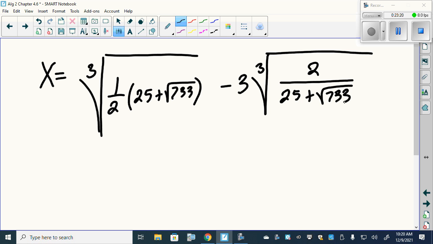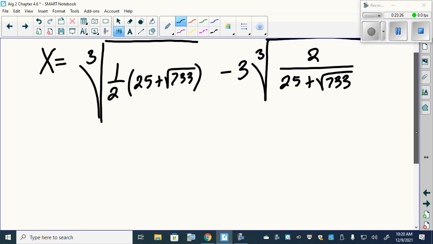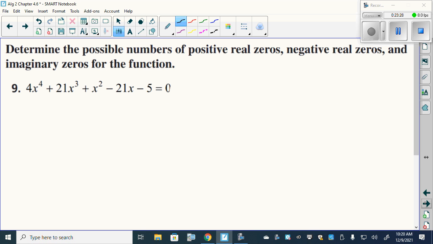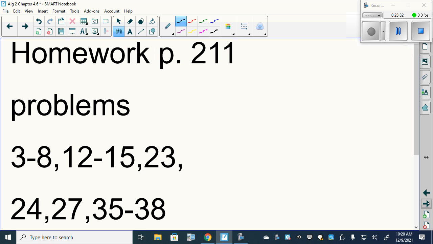And the complex answers are just as complicated. So they made those intentionally not to be solvable.